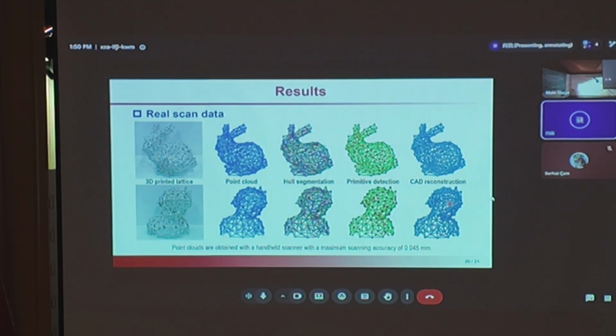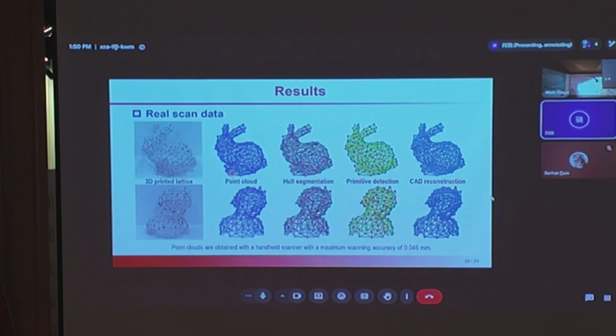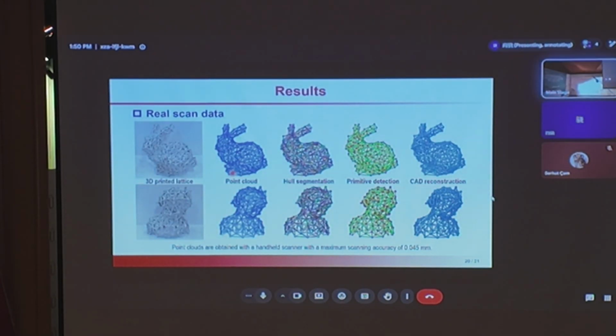And finally, we tested our method on real scanned data. We actually printed lattices. We have a model, and then we create the CAD model of the lattice and print the lattice with a 3D printer. The printed lattice has surface defects, because the printer prints the material layer by layer, so the surface is not smooth.